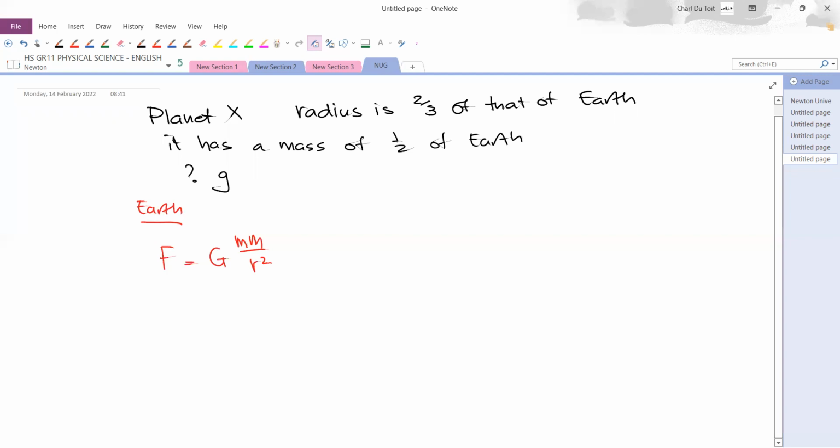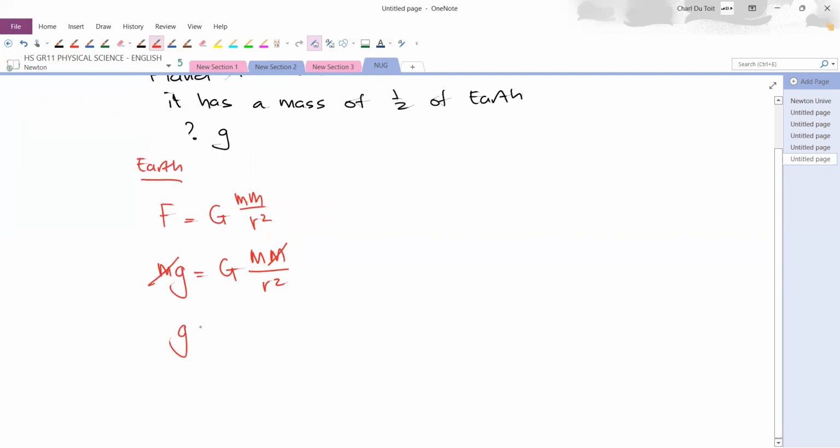F equals mg, and that is G times the mass of the Earth times the mass of the object falling to the Earth divided by R squared. These two masses will cancel one another. So g, the gravitational acceleration, is G times M over R squared. And that's 9.8 on Earth.